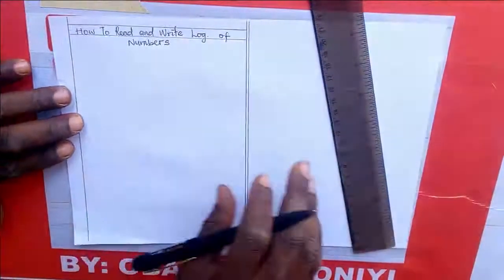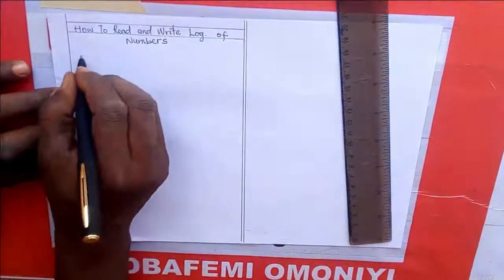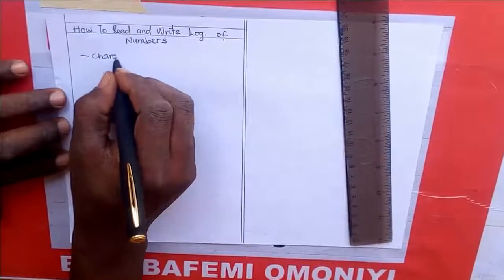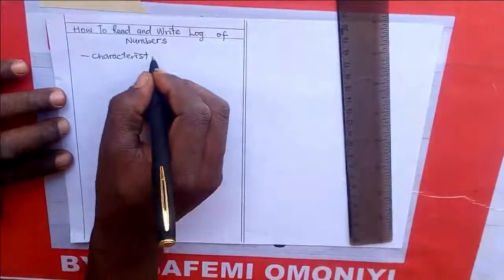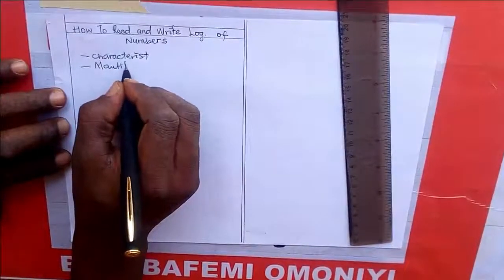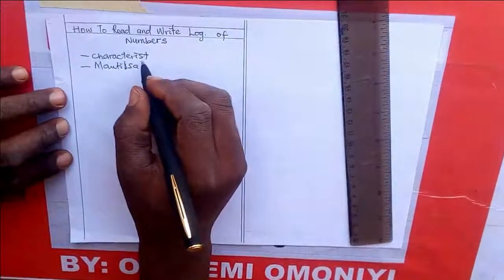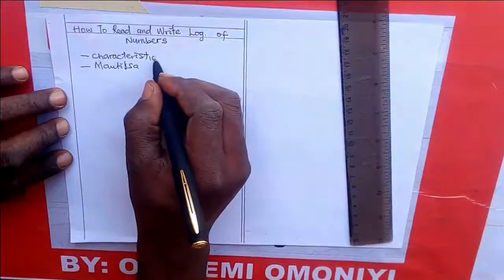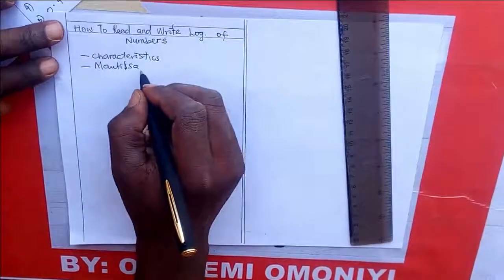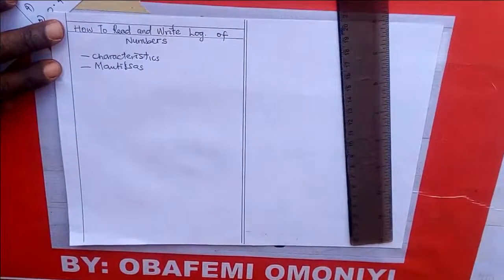Before you write the logarithm of numbers, you need to understand that the logarithm of a number is divided into two parts, which we have what is called the characteristic of the number, and we have what is called the mantissa of the number. So the characteristic and the mantissa.